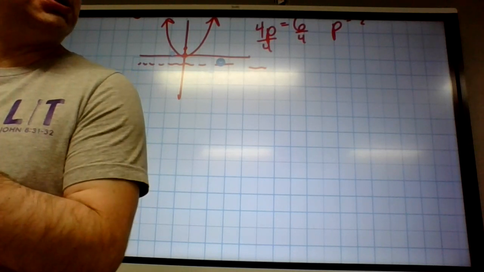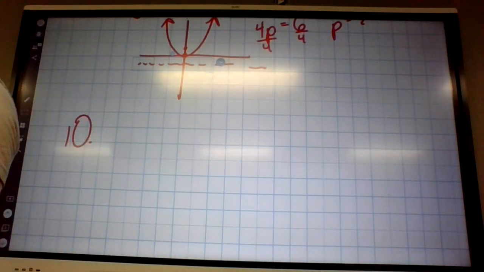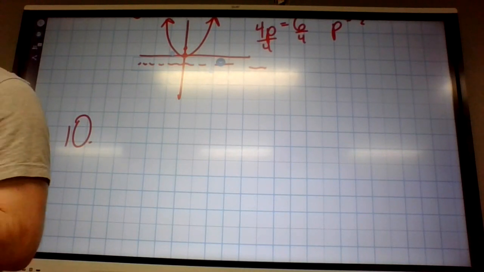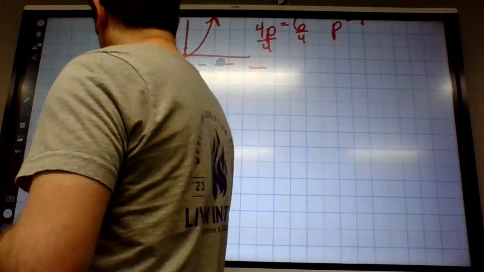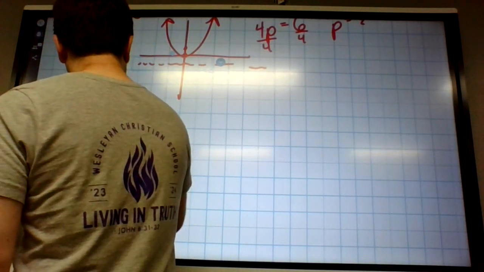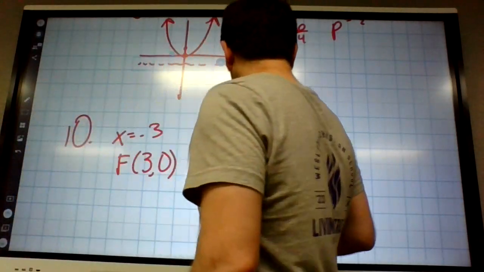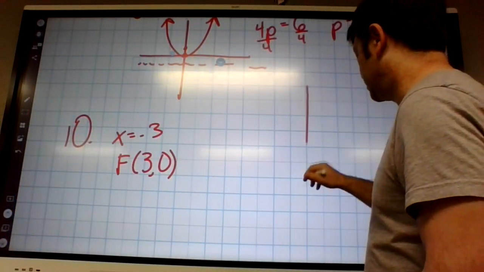Okay, number 9. Find an equation for the parabola whose directrix is x equals -3 and the focus is 3, 0. Yeah, great. Okay, I'm gonna make a picture.